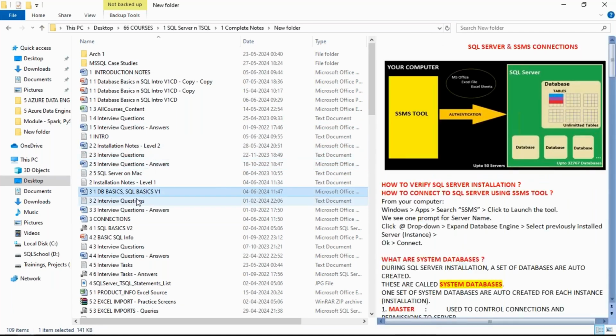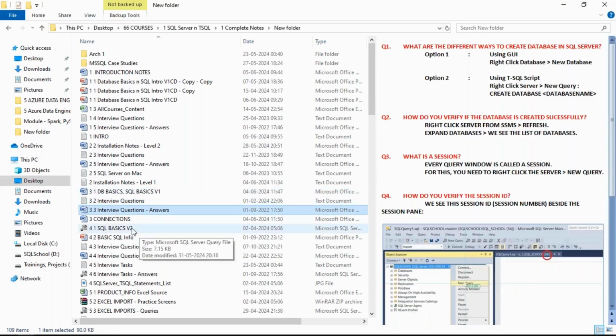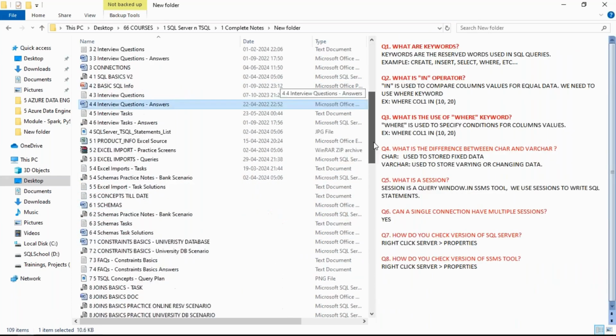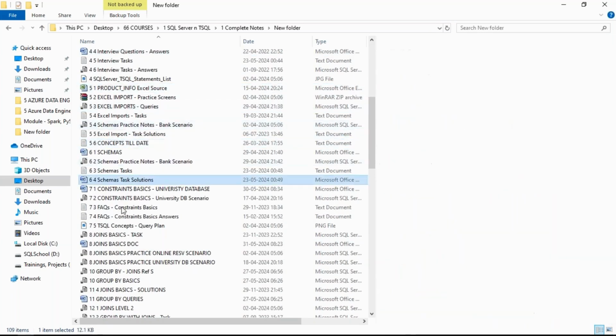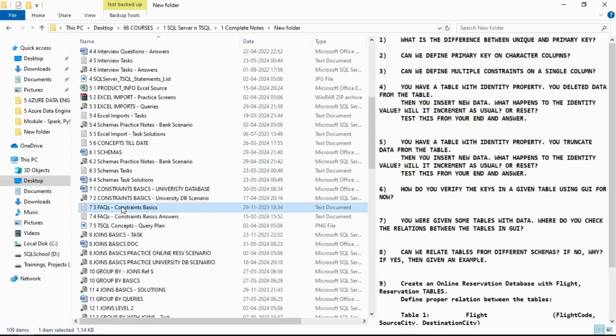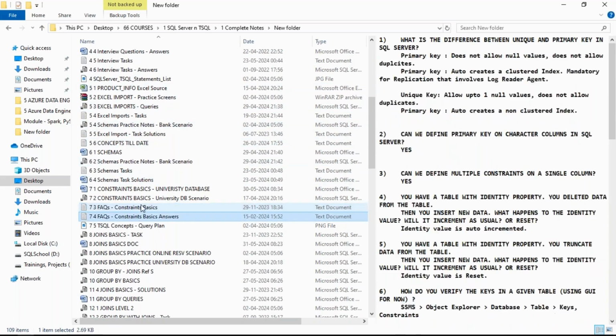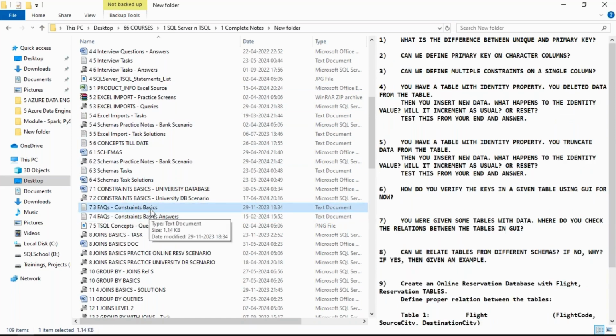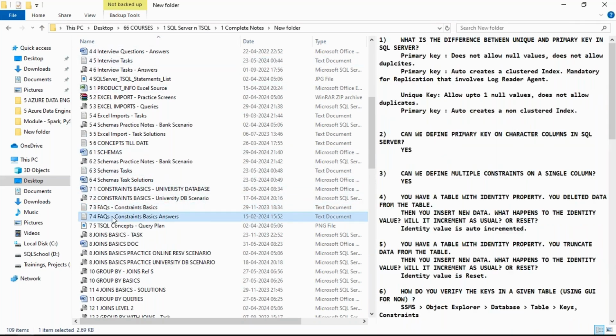Again, Monday SQL basics, questions and answers. Tuesday SQL basics, questions and answers. That's how it is, one by one, throughout the course. Getting it now? Concept, practice, Q&A. Questions and answers will be given to you directly. You will attempt the questions yourself and then cross-check with your answers, so that it will save your time.